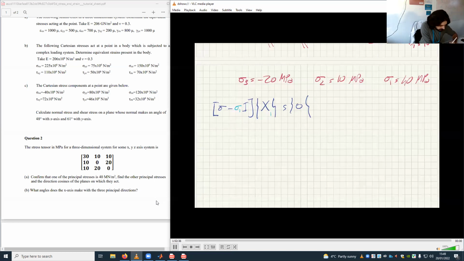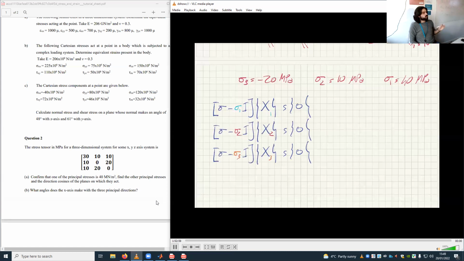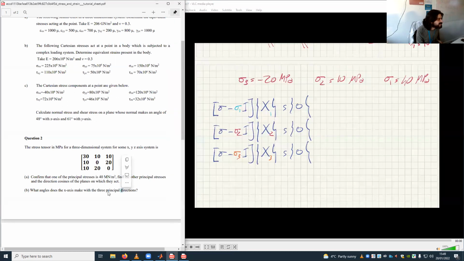Let me copy this, because this also applies to sigma 2 and sigma 3. So sigma 2 to find x2, sigma 3 to find x3. We want to find all three principal directions. I'll show you how to find one, and you can find the other ones. So how to find the first one?